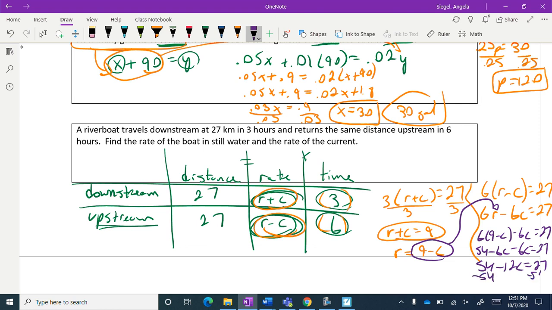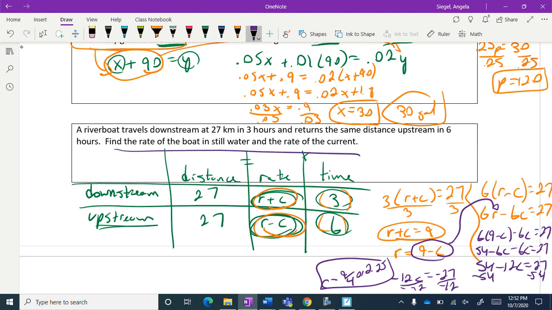So I'm going to subtract 54, and I get 12C equals 27. Then I divide by 12, and I get C equals 9 fourths or 2.25. So that's that current. The problem asks to find the rate of the boat in still water and the rate of the current.